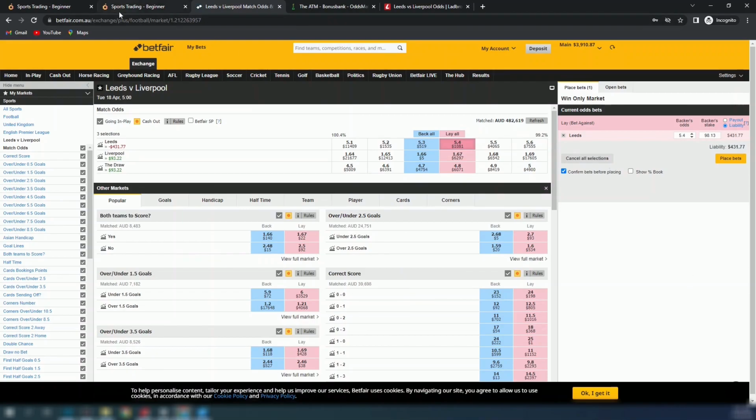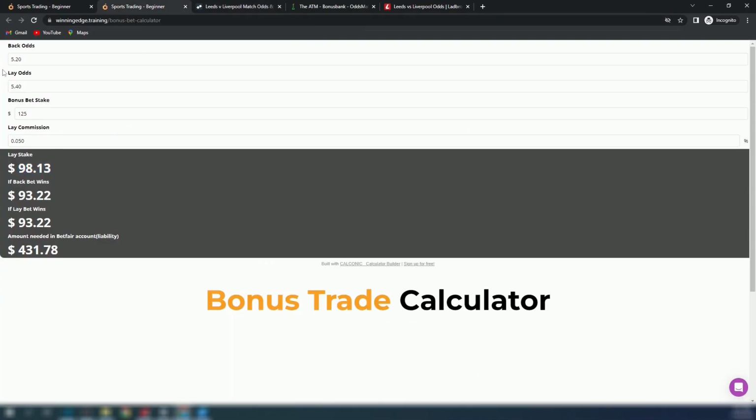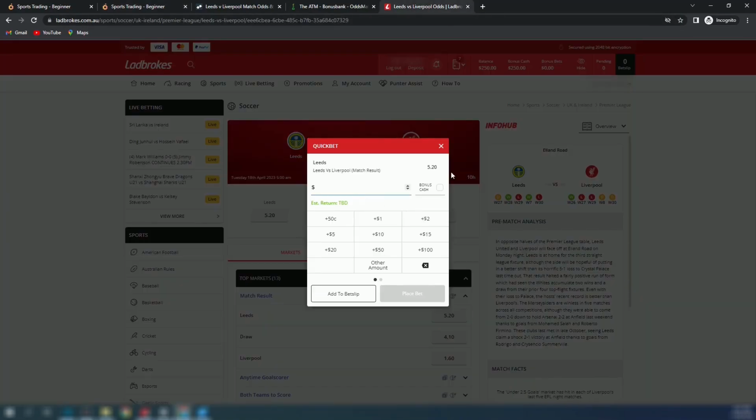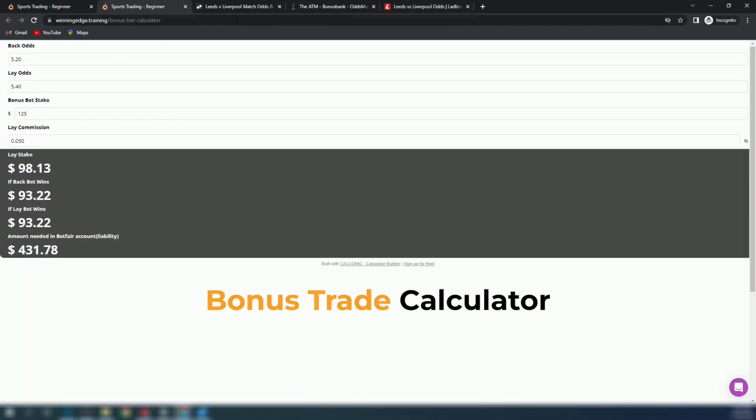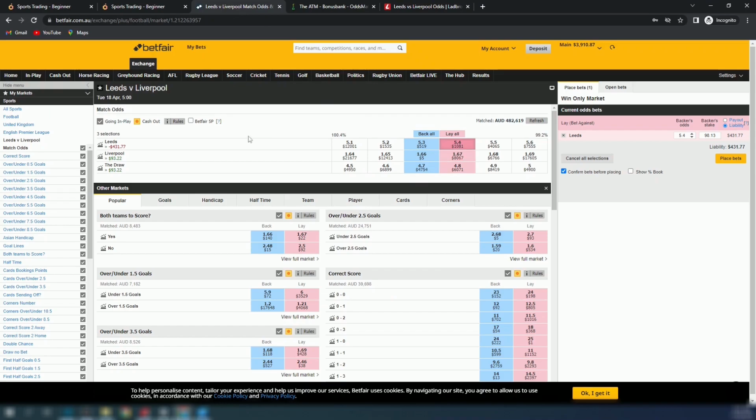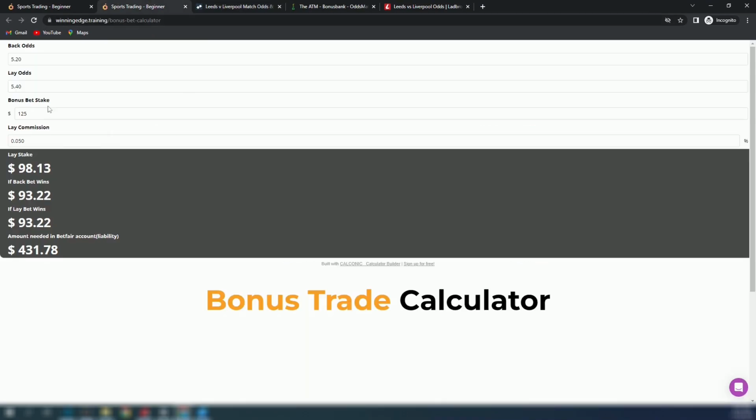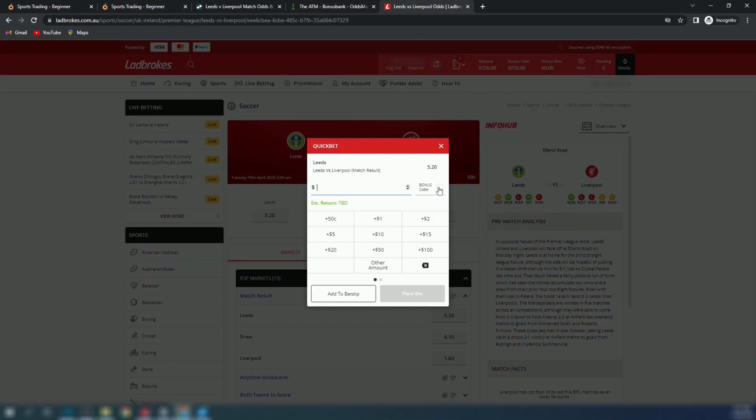So with that in, we'll start doing our final checks. We'll check the back odds against what we have on the bet slip on our bookmaker. And then we'll check the lay odds on what we have over on Betfair. A bonus stake for this example of 125, so we'll enter in 125 and make sure we tick bonus cash.